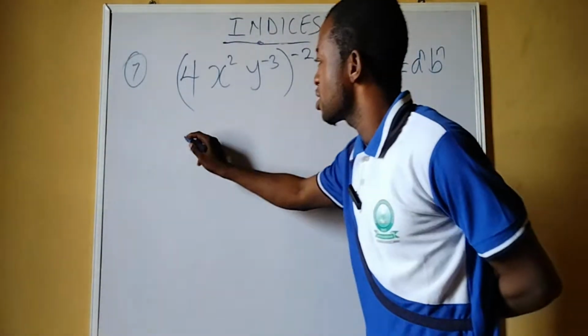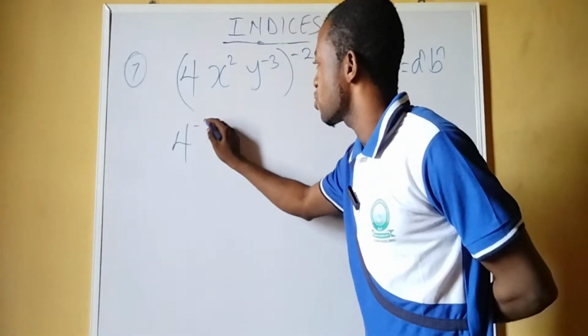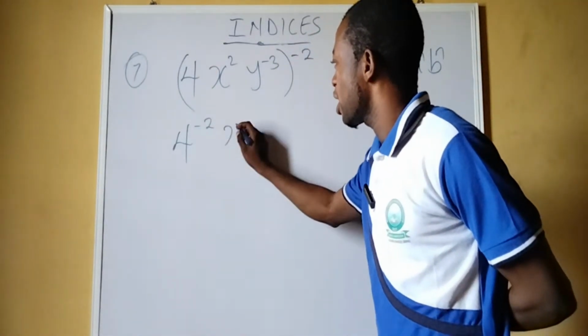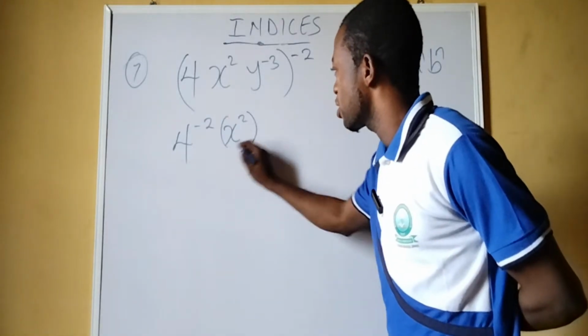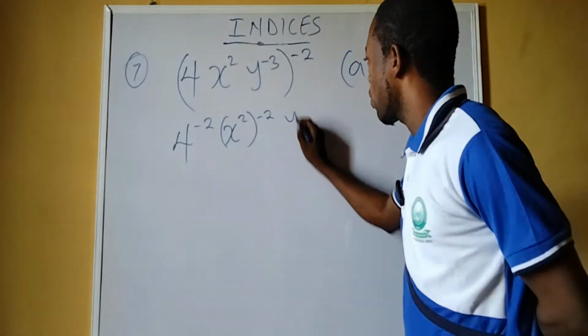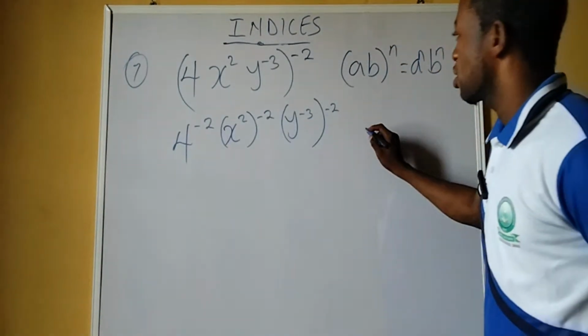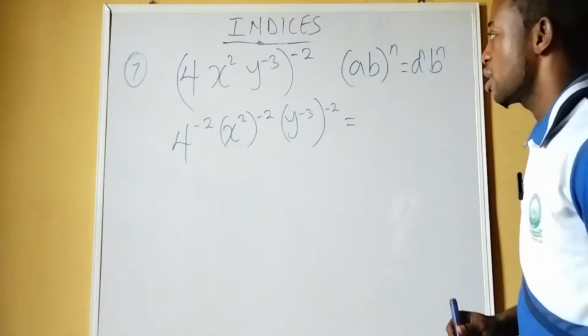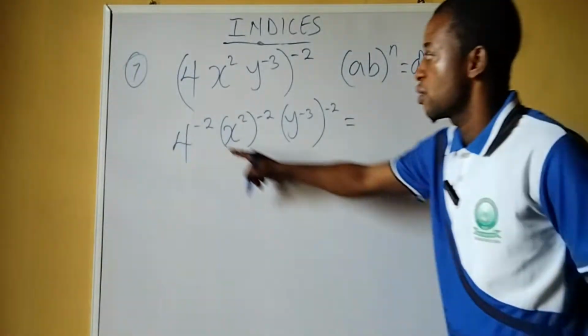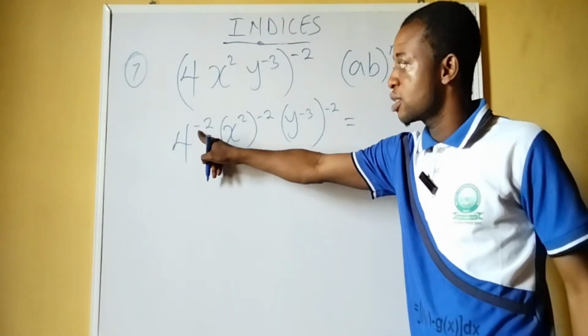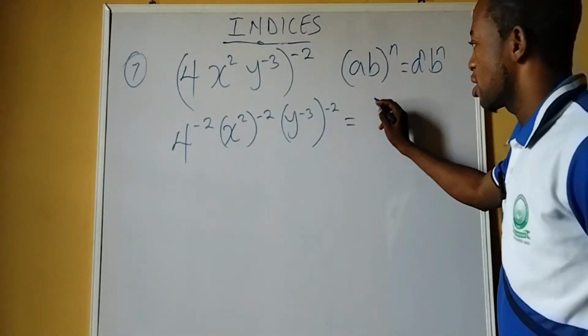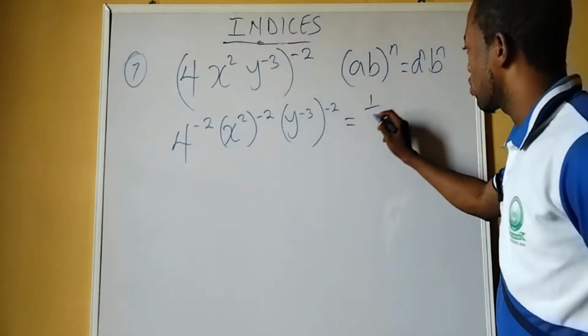That is, here we can say this is 4 raised to power minus 2, then x squared raised to power minus 2, then y raised to power minus 3 raised to power minus 2. Then this now becomes, here we follow the negative index, that is, 1 over 4 squared.